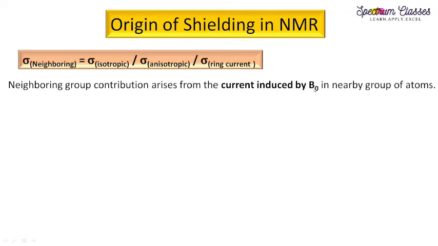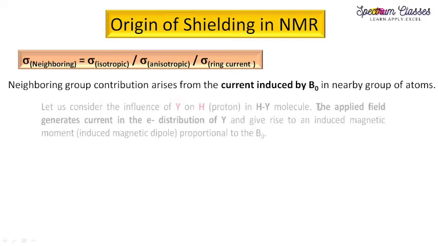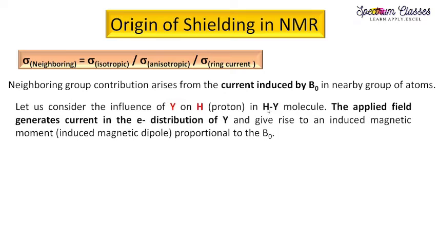So, current induced by B naught in a nearby group of atoms. This can be explained by taking an example. Here we have an HY molecule. As I said earlier, Y is our C triple bond CH, right? And here is the H. We are going to study the effect of Y, or we can say the C triple bond CH group, on this proton.